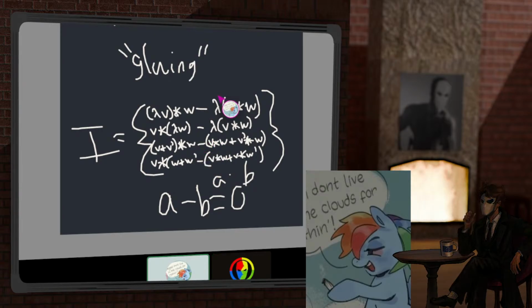And that construction, if we have v star w with that quotiented out, is how we define the tensor product of these two things.